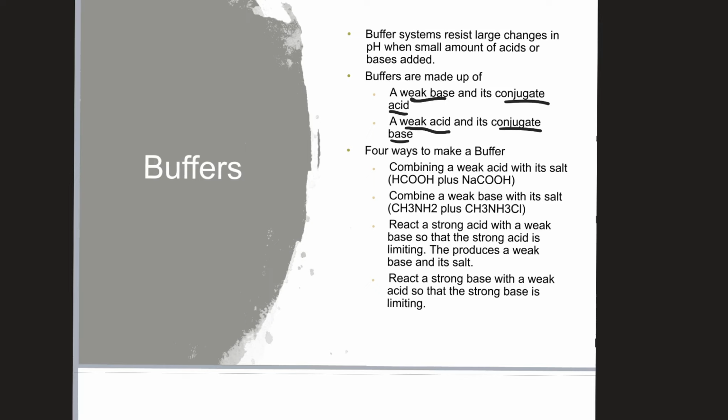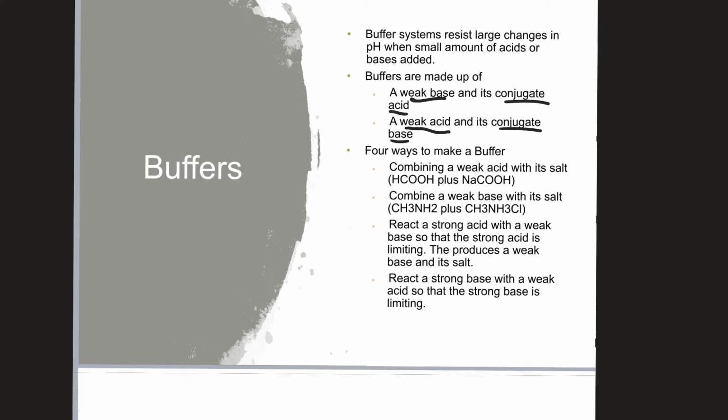Buffer systems are used to resist large changes of pH. When you add a new substance, like more H's, either the weak base or the conjugate acid, or the weak acid and its conjugate base, is going to eat up the extra hydrogen so the pH doesn't change much.